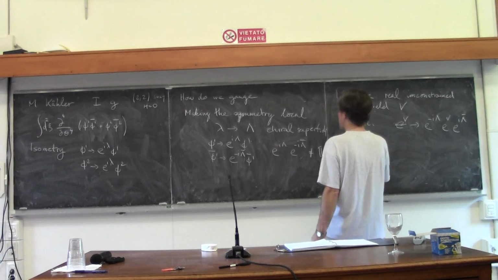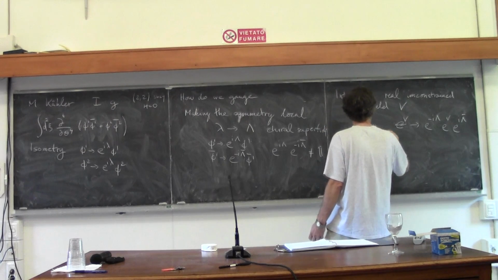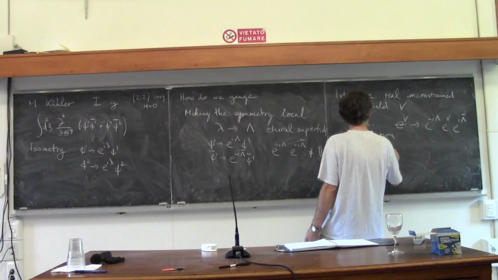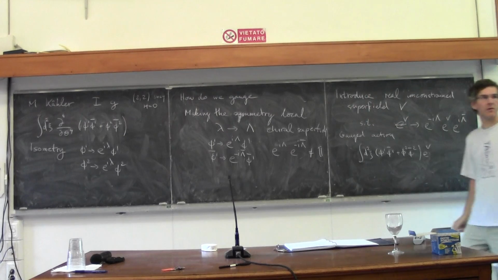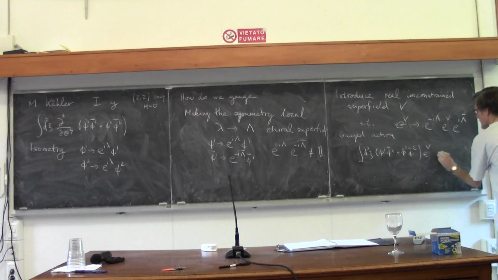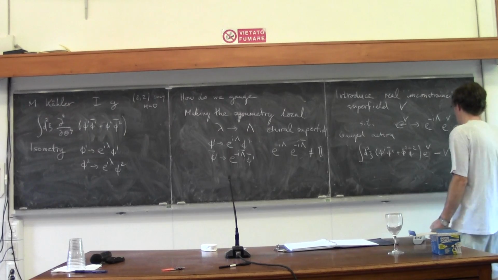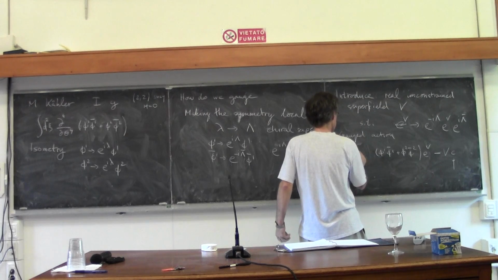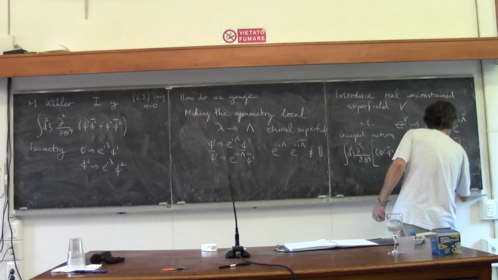Okay, so the gauged action looks like this: phi 1 bar, phi 2 bar, e to the V. And in fact, there's one more term you can include because the gauge group is U1, with the full measure d2 theta, d4 theta, and C is a constant.